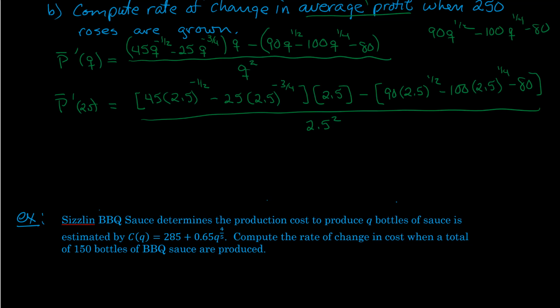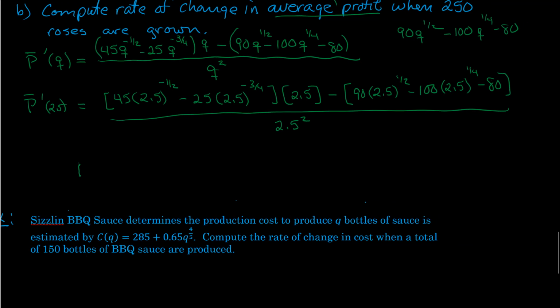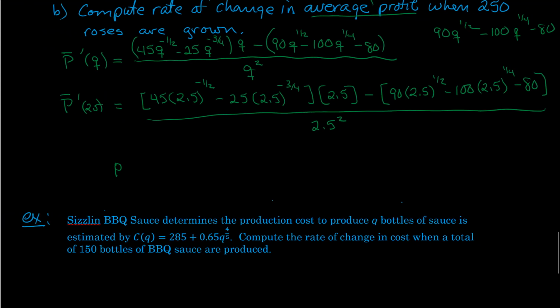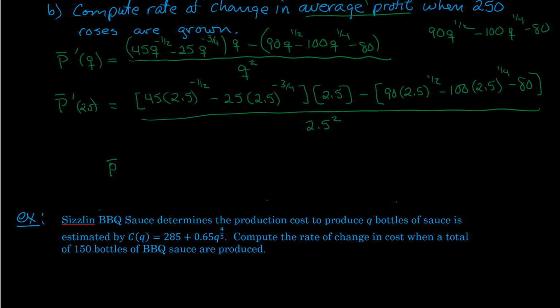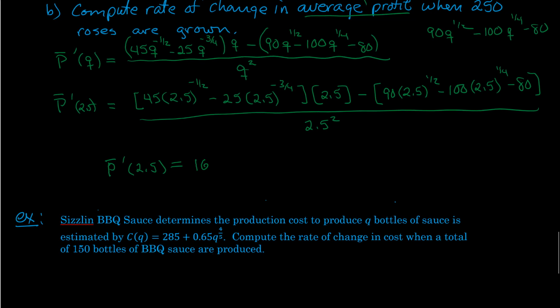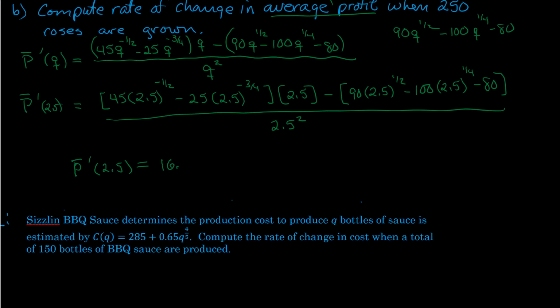So the derivative of the average cost is going to work out to be a total of 16.505.